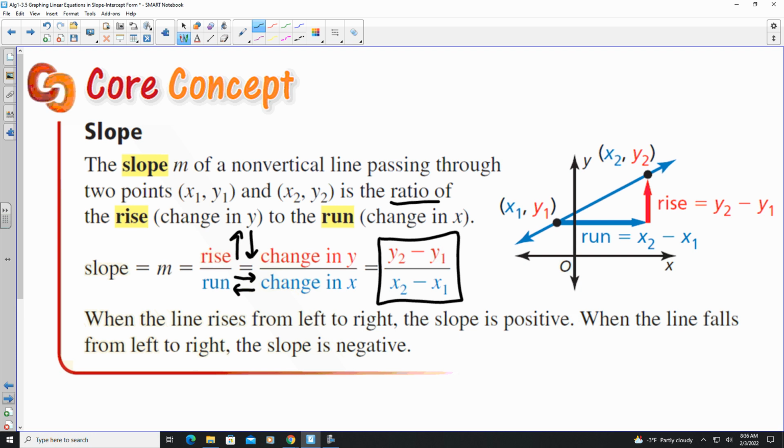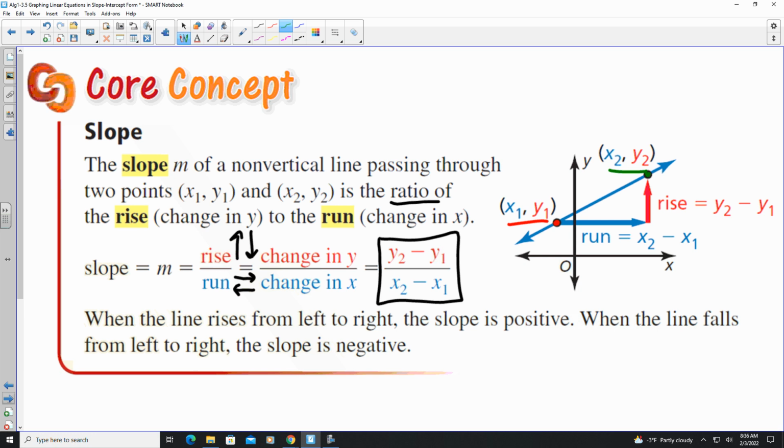So where do we get those values? They come from the respective points that are on the line. This coordinate here, which is called x1, y1, is a point that is identified on the line. The second point here, which in this case is x2, y2, is the second point that is identified on the line.